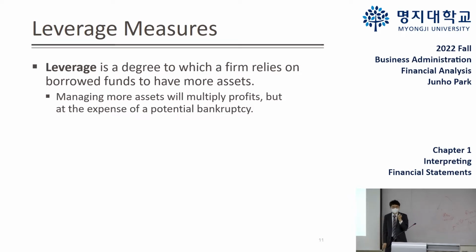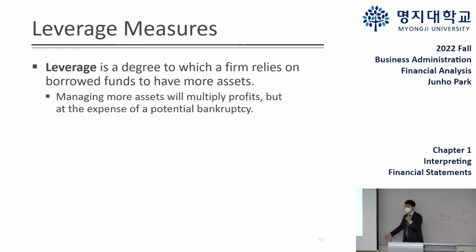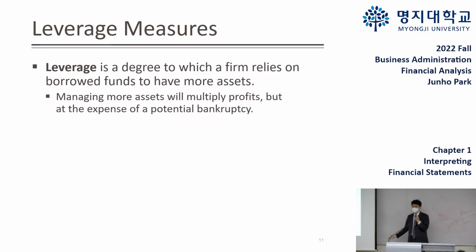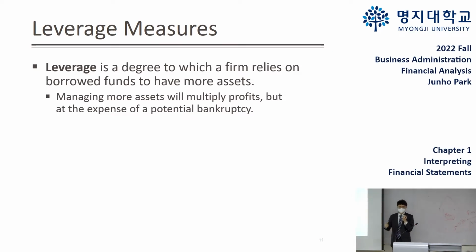So why do we want to multiply assets? Why do we want to have more assets? This is because you can get a larger profit if you have a larger scale. So let's go back to my previous example. I'm selling merchandise from this small shop, but let's compare this small shop to, say, Walmart or E-Mart.